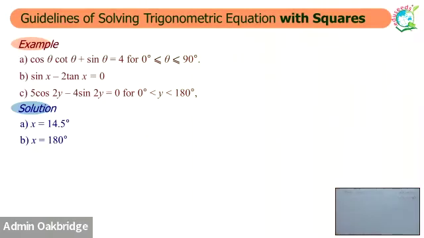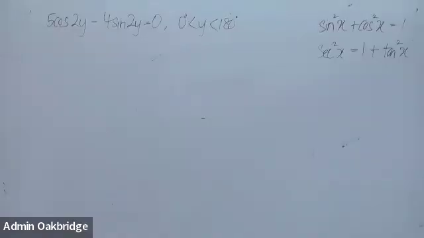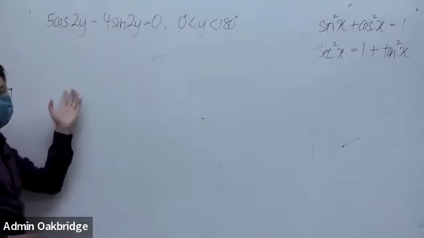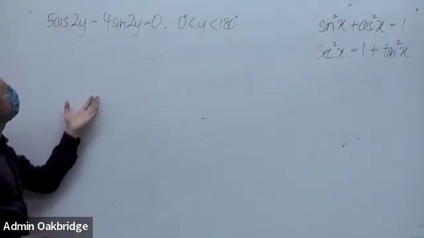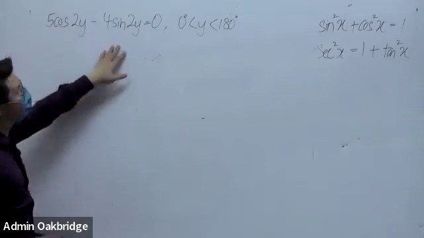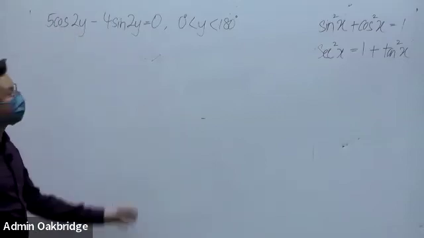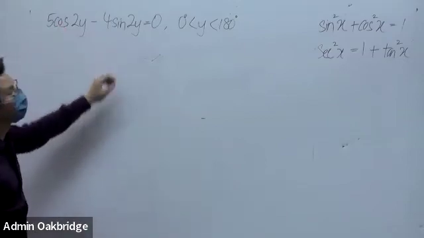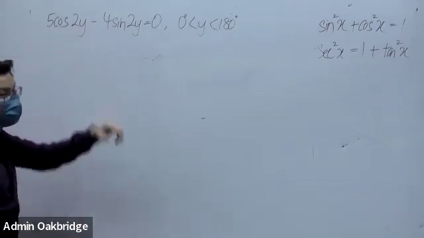So what do you see here? You don't see any square, any tangent, any reciprocal function, so you cannot change anything. But you do see that this equation only has cos and sine, then you change these two to tangent.